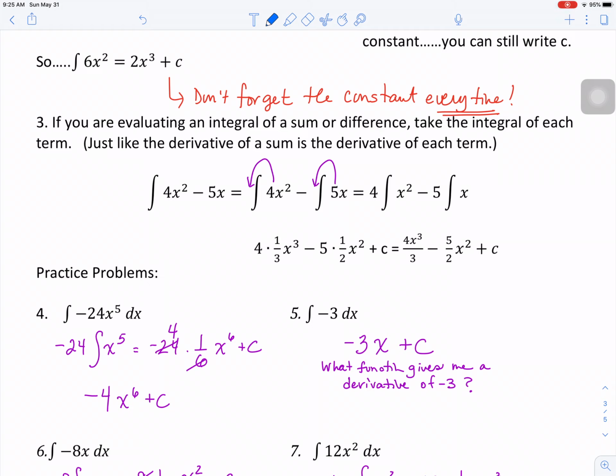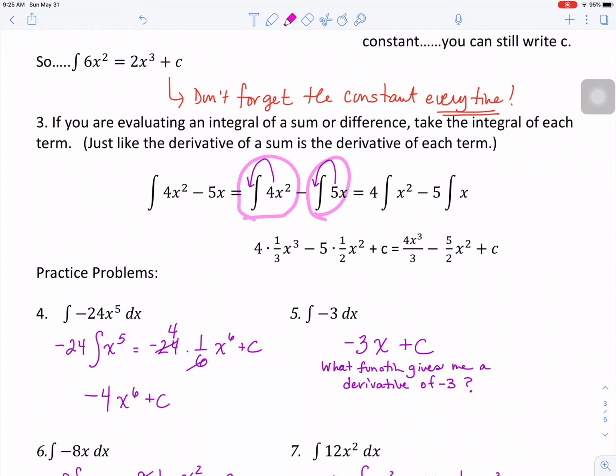All right. If you're evaluating an integral of a sum or a difference, you're going to take the integral of each term. Just like the derivative of a sum or difference is the derivative of each term, the antiderivative is the same thing. So when you have a problem like this, the antiderivative of 4x squared minus 5x, you're going to do the antiderivative of 4x squared and the antiderivative of the 5x and subtract them.